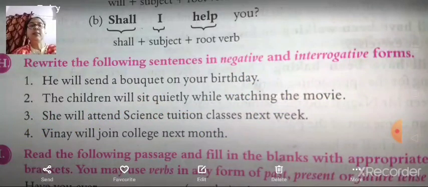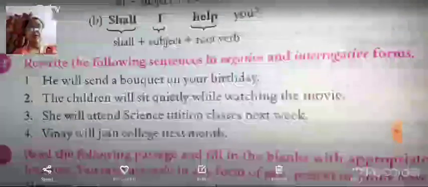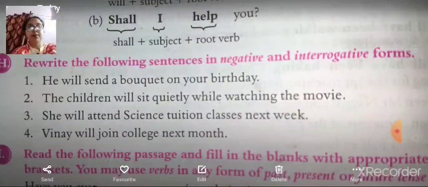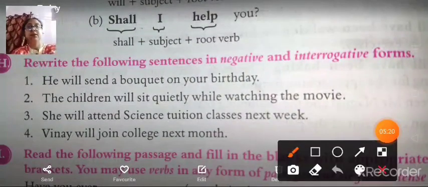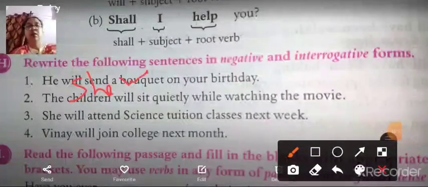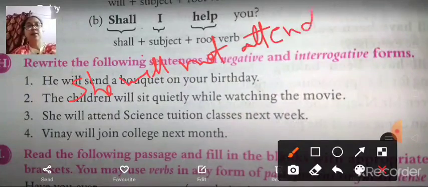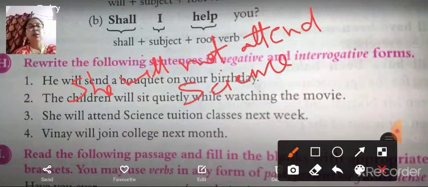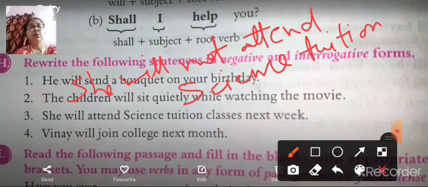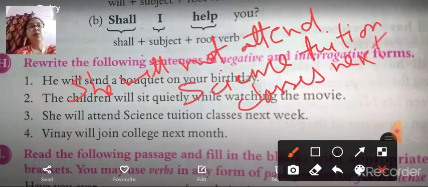Now next, she will attend science tuition classes next week. First of all we are going to write the negative sentence. She will not attend science tuition classes next week.